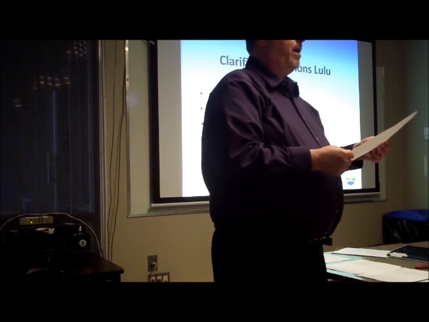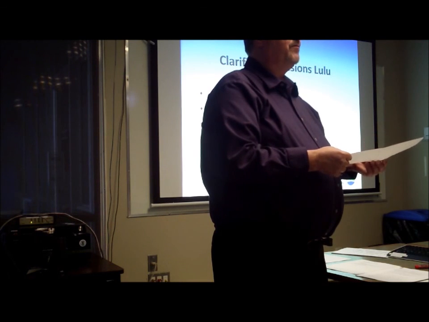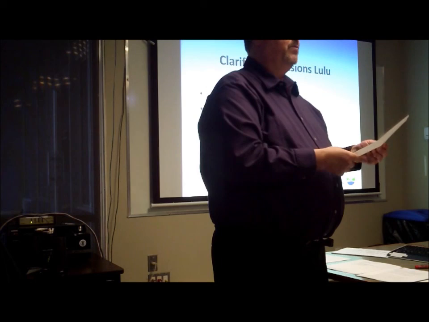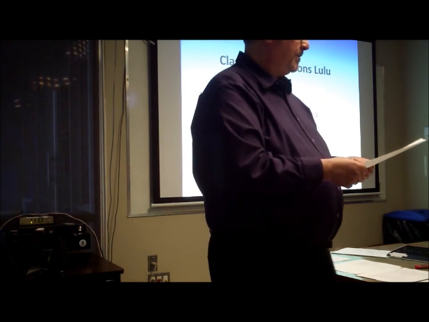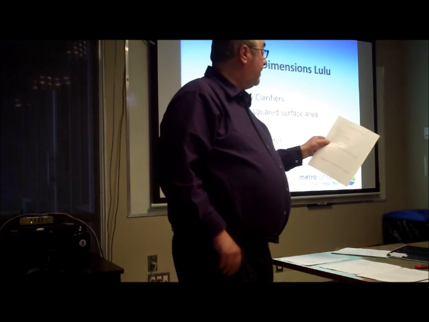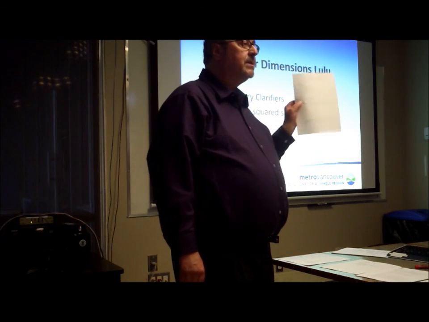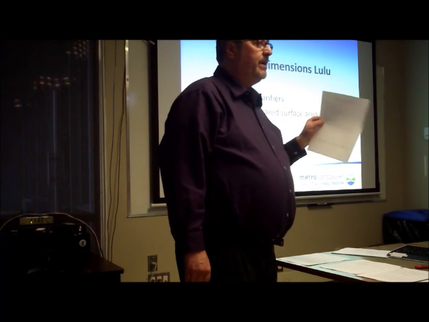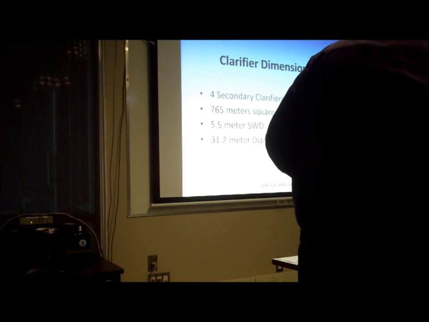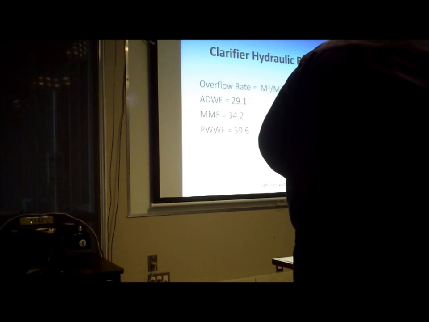You definitely want to operate within the average dry weather flow. You can take a hit from time to time, but you sure wouldn't want to operate like that on a continuous basis. And looking at the 2016 annual report, it actually is 70 million liters per day. Again, these are the overflow rates for Lulu.